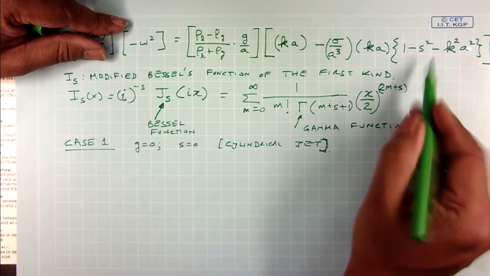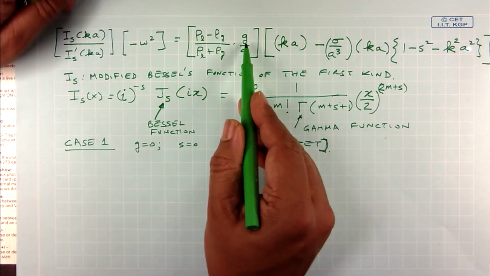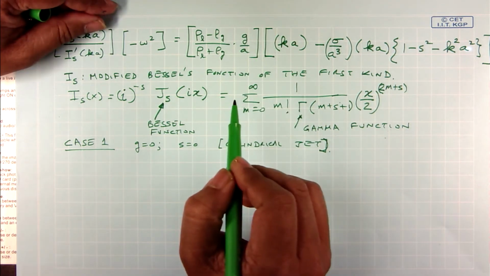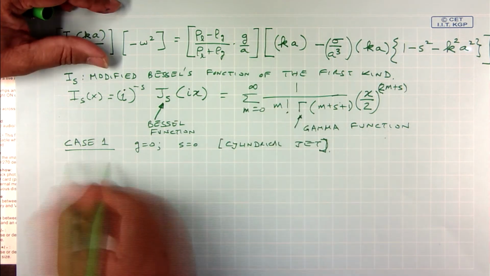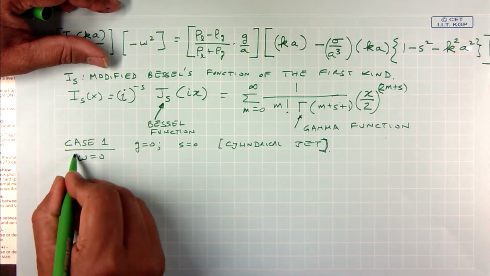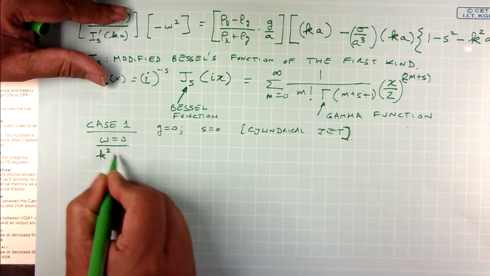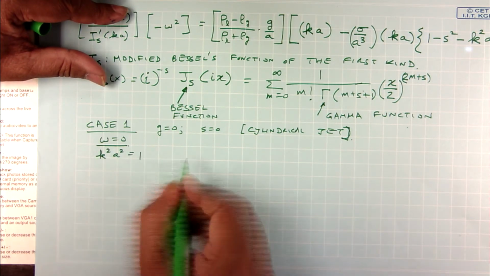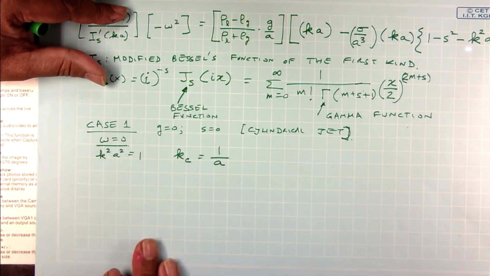Okay, so, for a cylindrical jet, if you make your S equal to 0 and your G equal to 0, then I end up with a situation, and I am looking at the case when omega is equal to 0, okay, the critical wave. So, in that case my k square a square is equal to 1, or my neutral wave number is just the inverse of the radius of the jet. Okay.